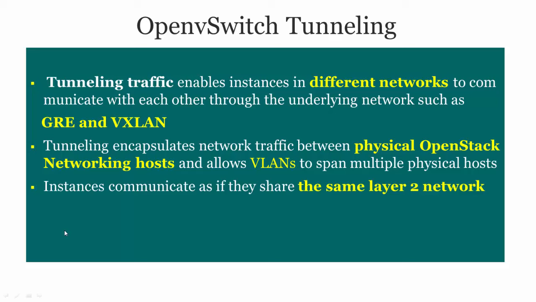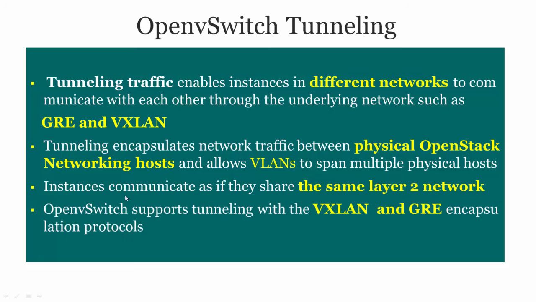Instances communicate as if they share the same layer 2 network. It means that even if instances are located on different hosts or use different network addresses, they can communicate with each other as if in the same layer 2 network. The same layer 2 network normally means the switch, OpenvSwitch.